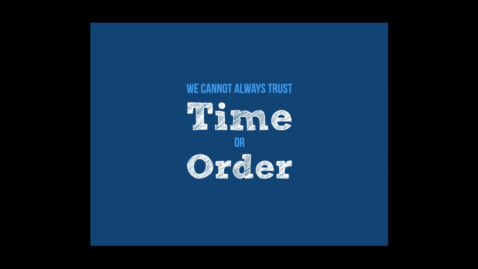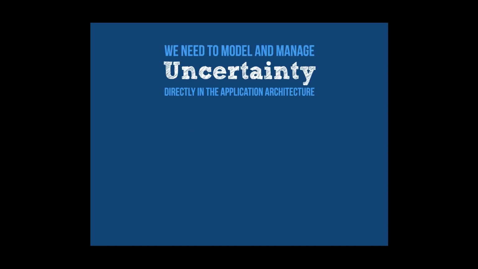We need to make sure that our communication protocols are associative, meaning that they're batch insensitive, that they are commutative, meaning that order doesn't matter, and that they are idempotent. That means that duplication or retransmissions are actually fine, because the receiver can always handle them.